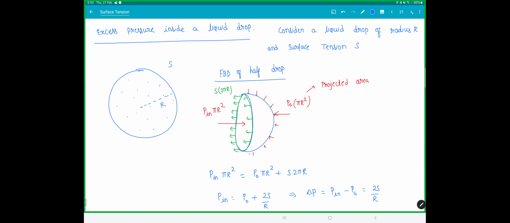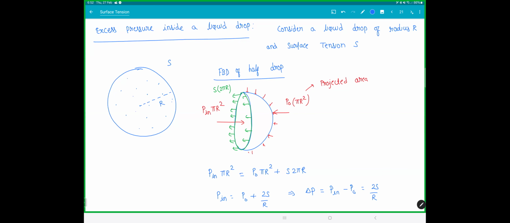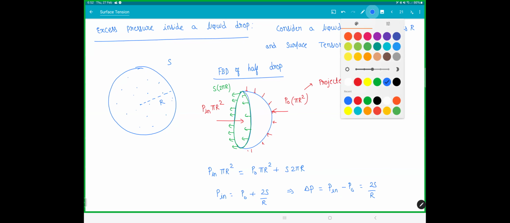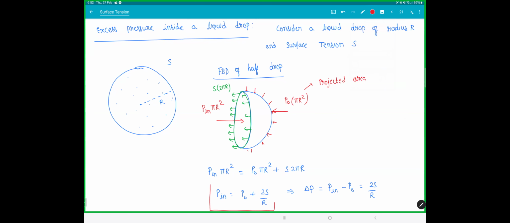Surface tension increases the pressure inside by 2S by r for every one surface. This is a proof by force method. There's also another way called the energy method that they'll ask you in HSC.